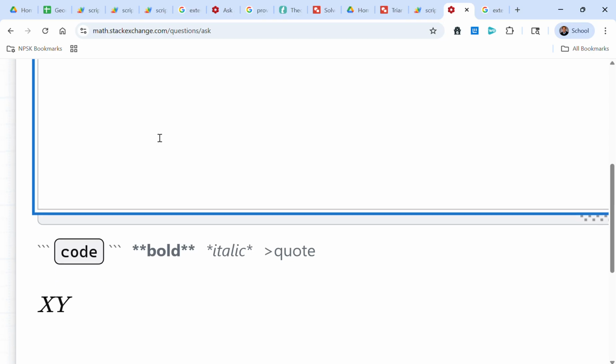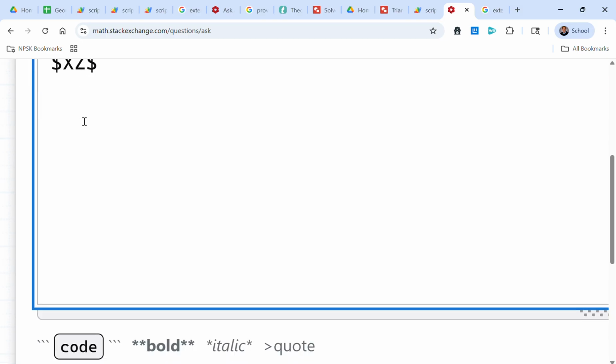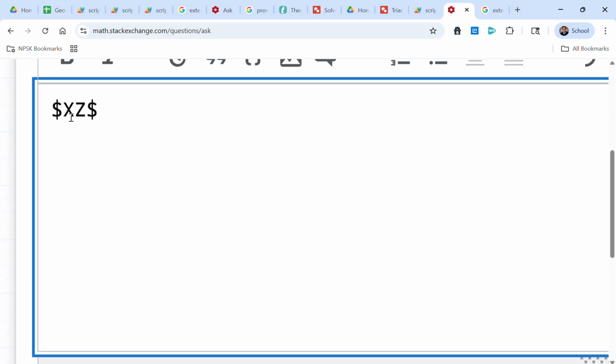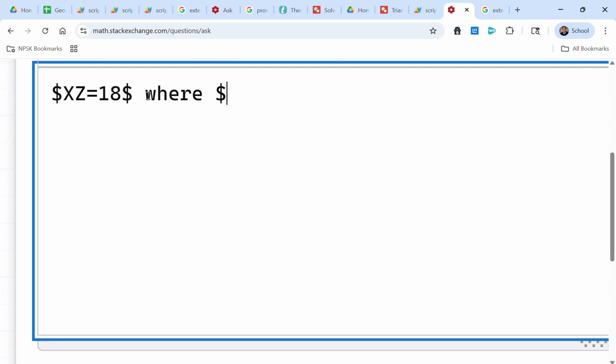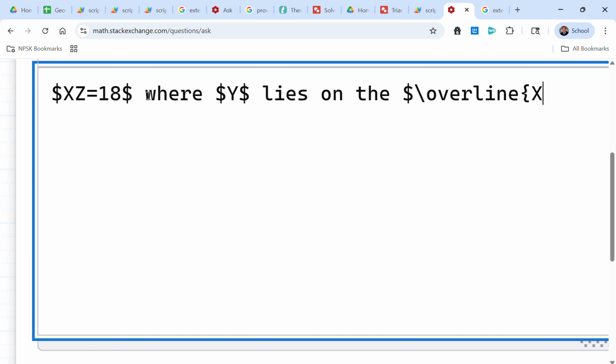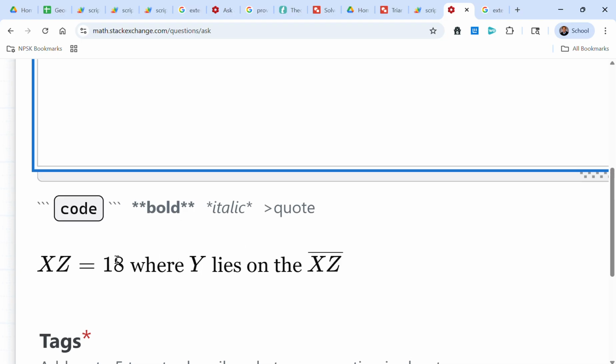So let's say we have a segment xz, and the distance from point x to z is 18, where y lies on the segment xz. So if I was going to think of this in my brain, I see this point x over here, and this point z over here.